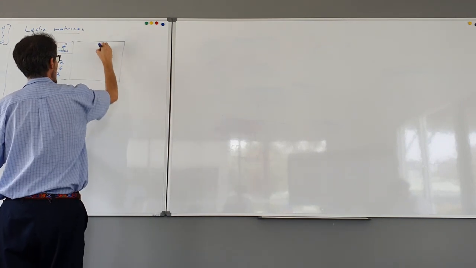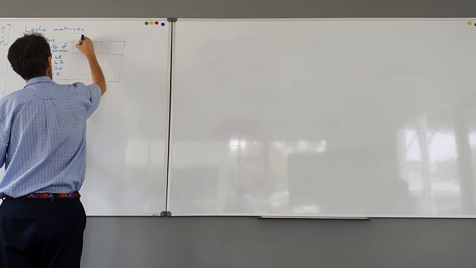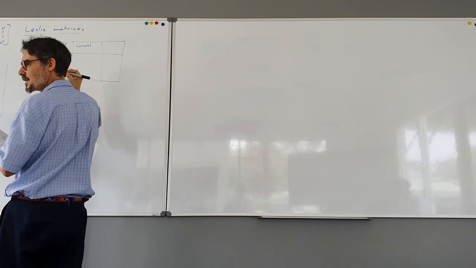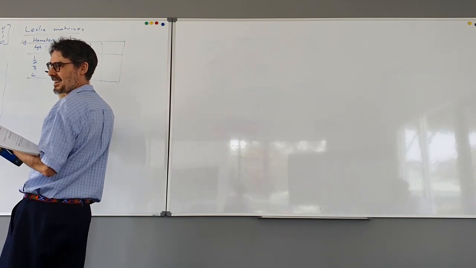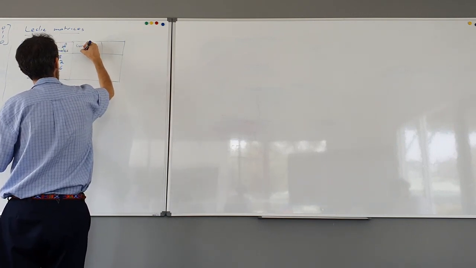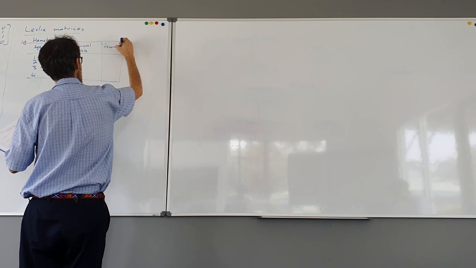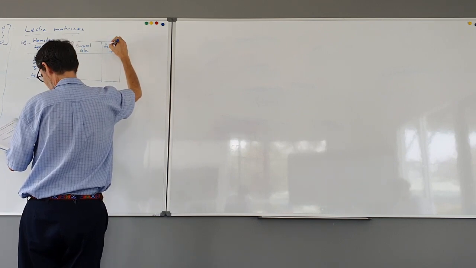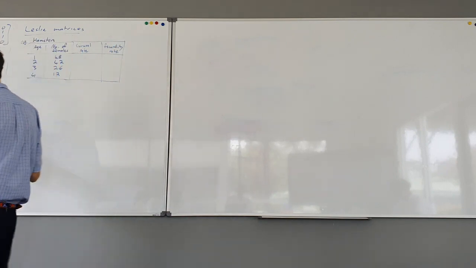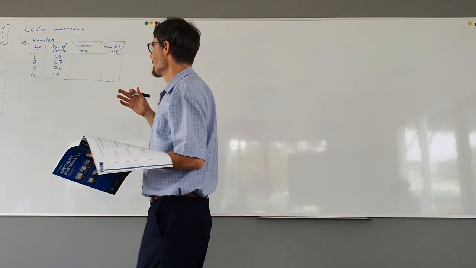I'm going to put two more columns in the same table: survival rate and something called fecundity rate. So survival rate is what proportion survive to the next year.